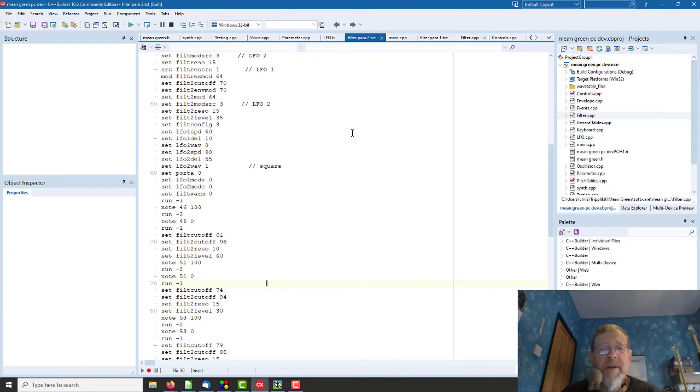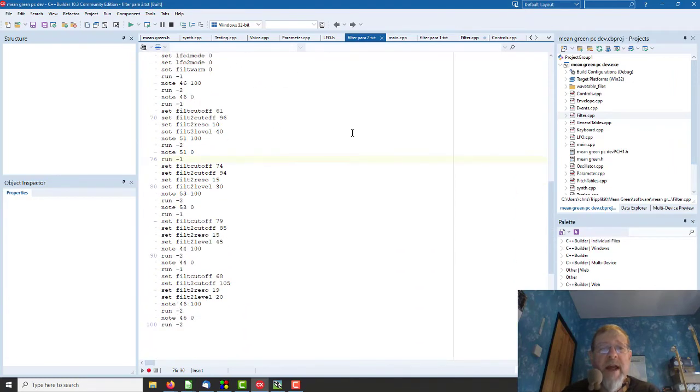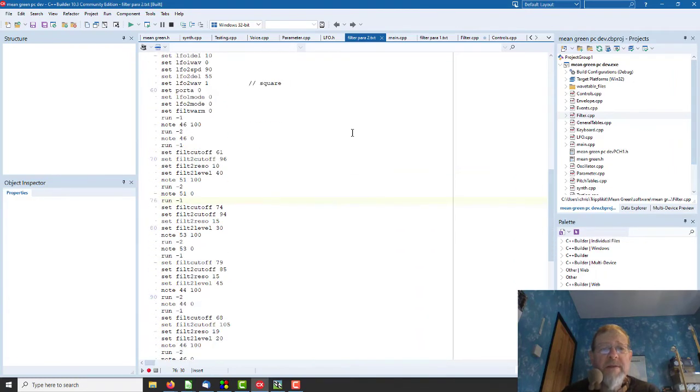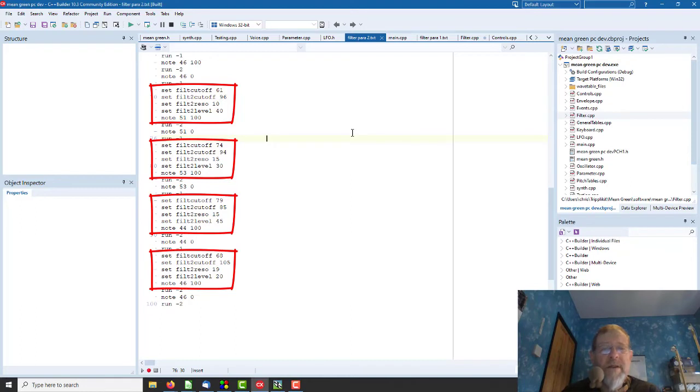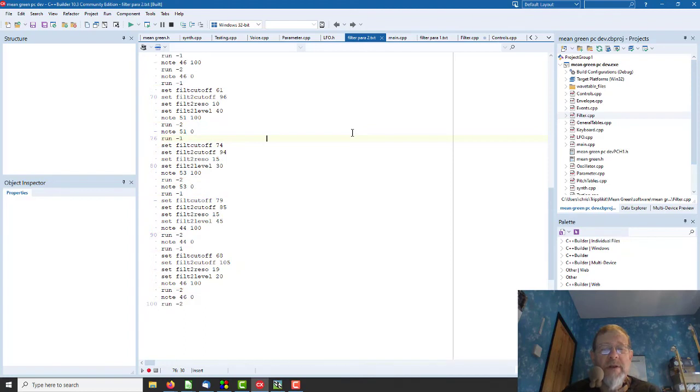It sets up both filters at the start and then plays the first note, and then before each of the subsequent notes, there are 5 notes in all, it sets up the filter 1 cutoff frequency, the filter 2 cutoff frequency, the filter 2 resonance, and the filter 2 amplitude before it fires the note. So each of those 5 notes should sound quite different. So shall we run it up and see what happens?